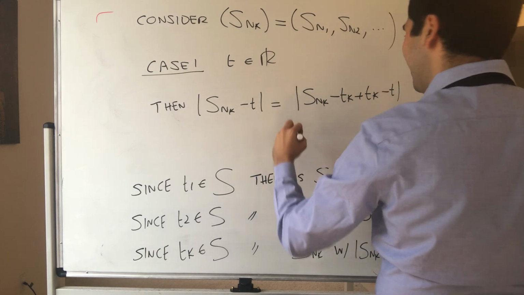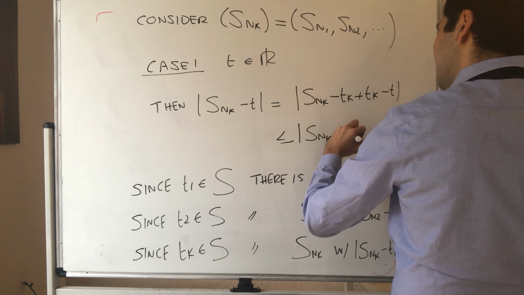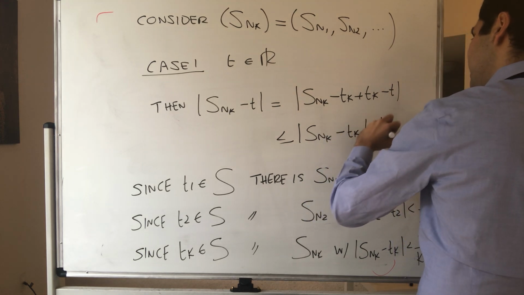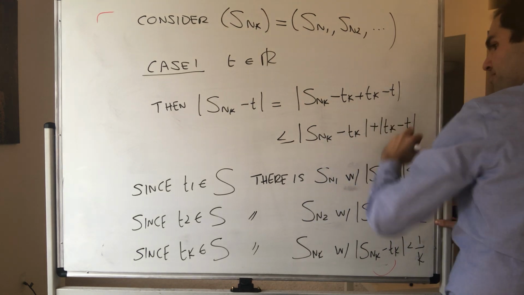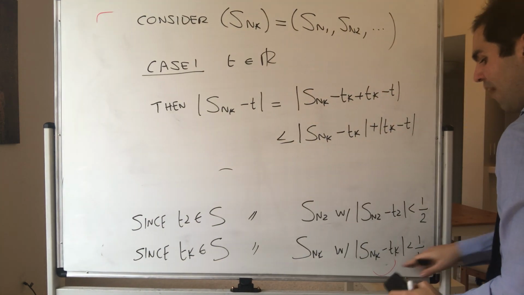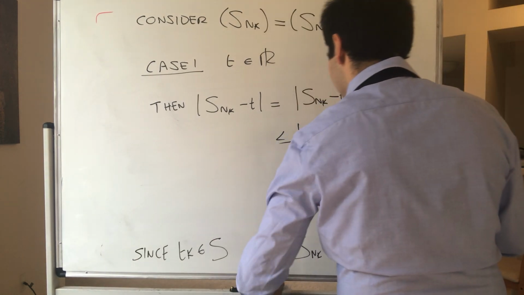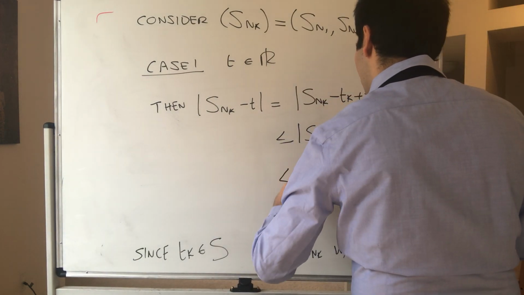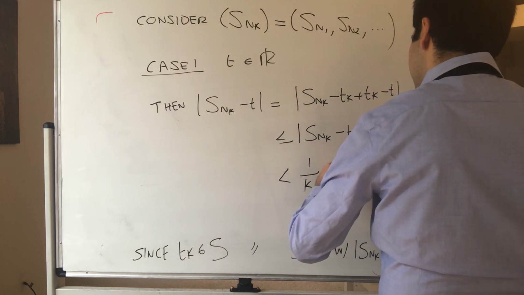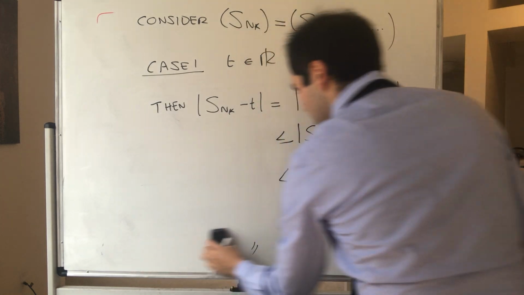And we get less than or equal to |Snk - Tk| + |Tk - T|. But now, by construction, we know |Snk - Tk| is less than 1/k. So this becomes less than 1/k + |Tk - T|.